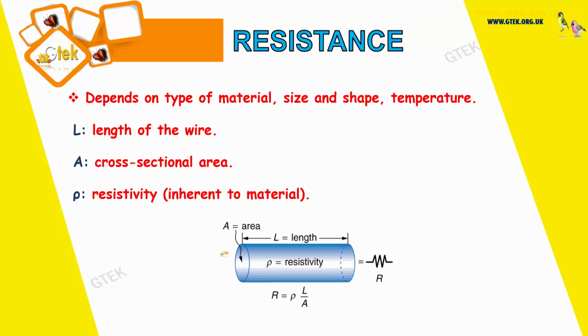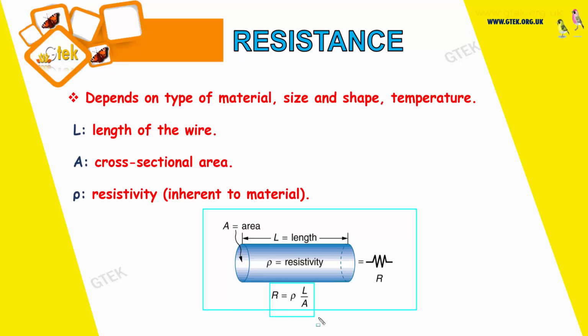You can see a depiction here. This is the area, this is the length and this is the resistivity. To find the resistance, we can use the formula mentioned here.